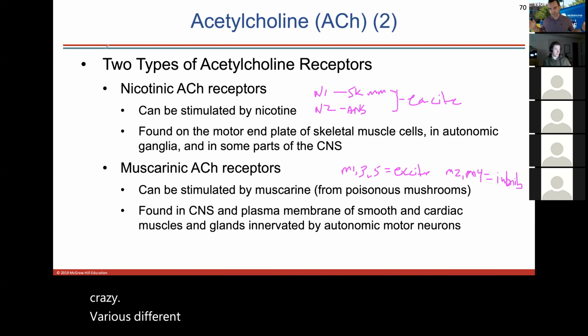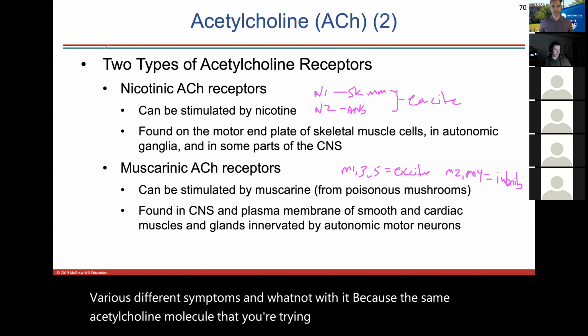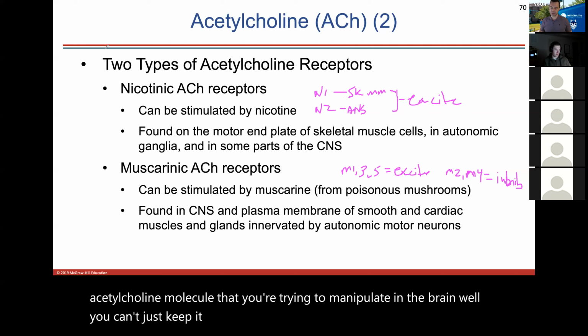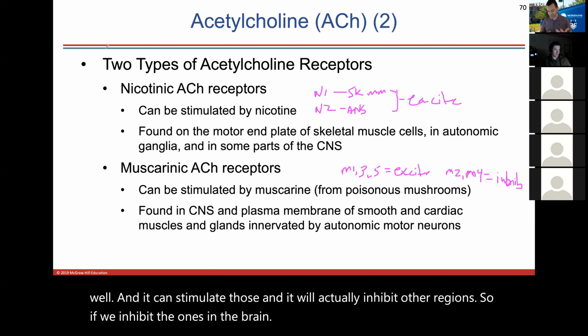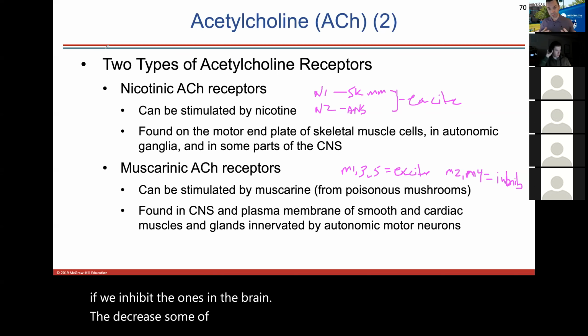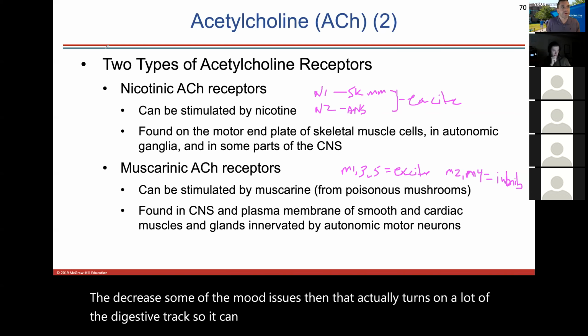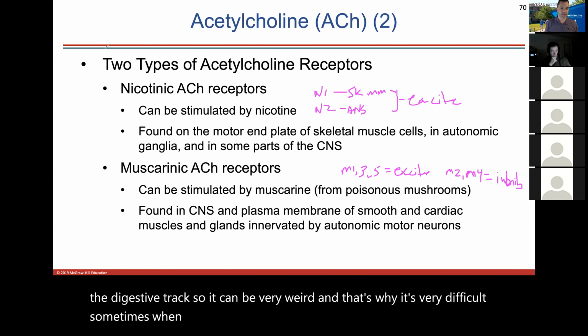Because the same acetylcholine molecule that you're trying to manipulate in the brain, you can't just keep it isolated. So it's going to get to other receptors as well, and it can stimulate those, and it'll inhibit other regions. So if we inhibit the ones in the brain to decrease some of the mood issues, then that actually turns on a lot of the digestive tract. So it can be very weird. And that's why it's very difficult sometimes when you're treating certain conditions in an individual.